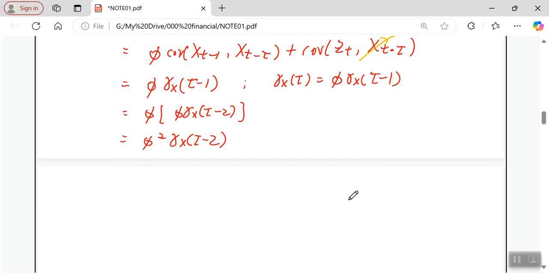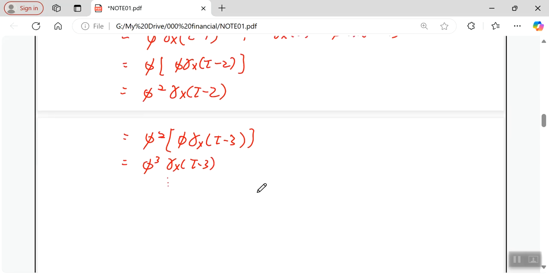Now you can further expand this to phi cubed gamma x tau minus 3, isn't it? So then you have phi power 3, then gamma x tau minus 3. Expand gamma tau minus 3 again, and you will eventually end up with phi.